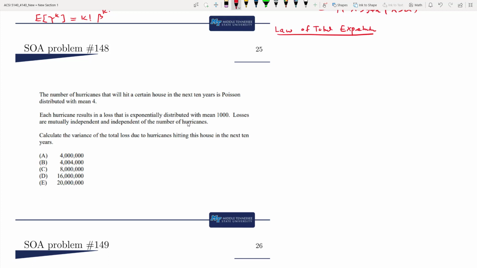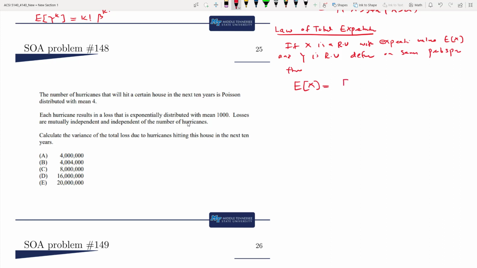This rule says if x is a random variable with expected value of x, and y is a random variable defined on the same probability space, then the expected value of x is the same as the expected value of the conditional expectation of x given y.